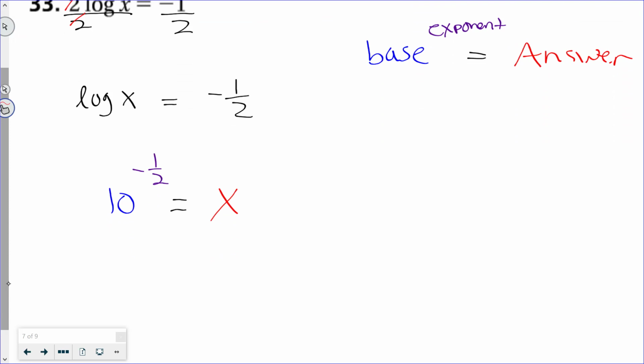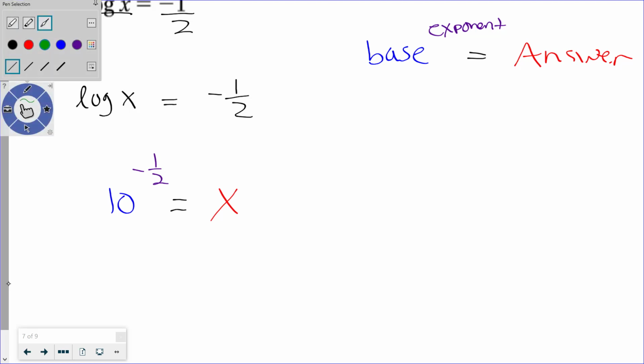Just plug this into your calculator and that's your answer for x. So what is x? 10 raised to the negative 1/2 equals x. Ian. 0.316 equals x. Good? Next example.